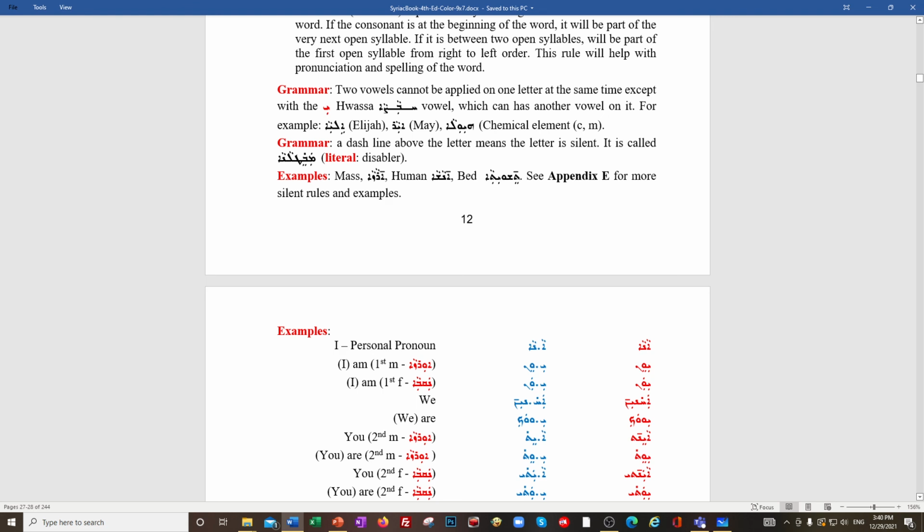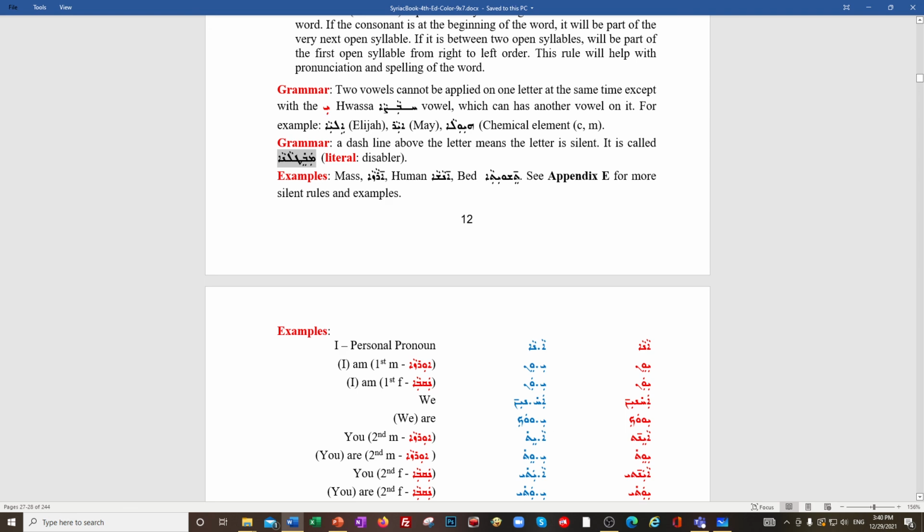Another example: if you see a dash line above a letter, it means the letter is silent. It is called mabatlana. Mabatlana means to make the letter silent, a disabler.